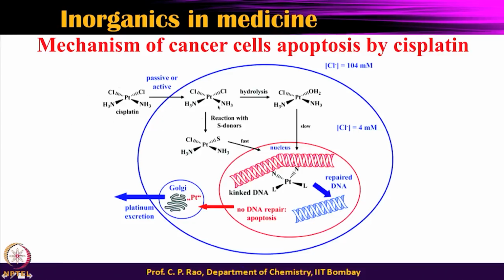When it enters, the dichloro part will get hydrolyzed to 1 chloro with 1 water, or both waters, etc. And this can further, or you can have some other kind of donors, 1 chloride, 1 donor, getting into the DNA and forming the kind of bond you see here. It's a bond here.